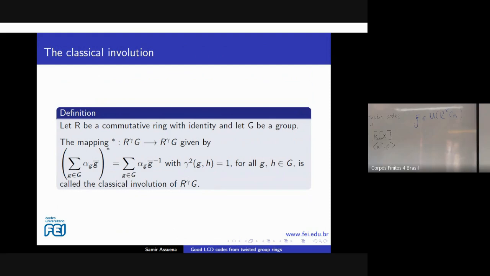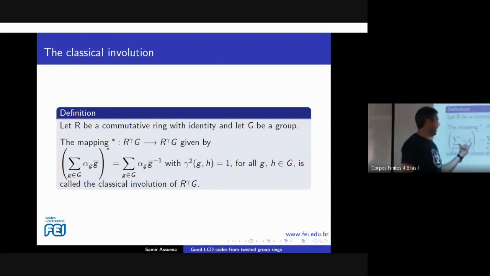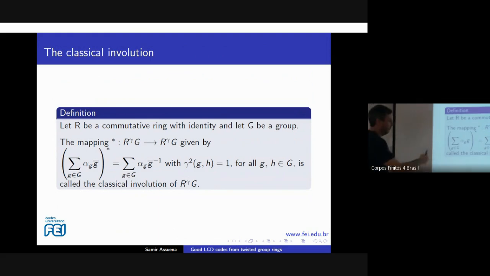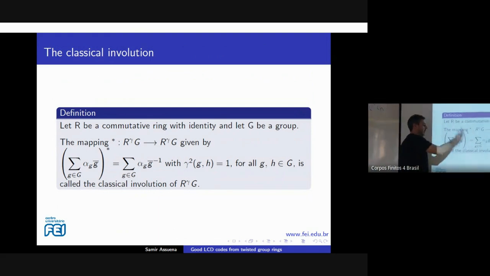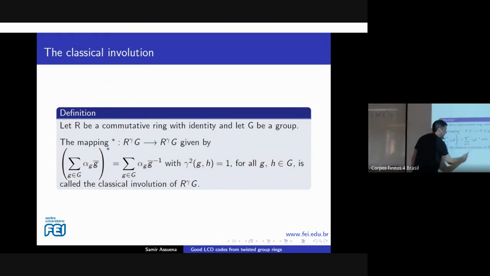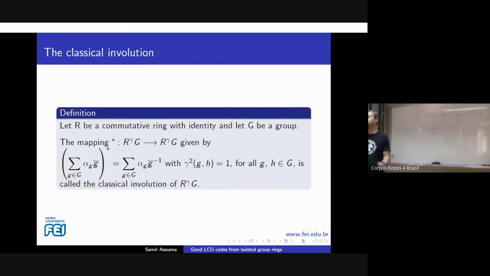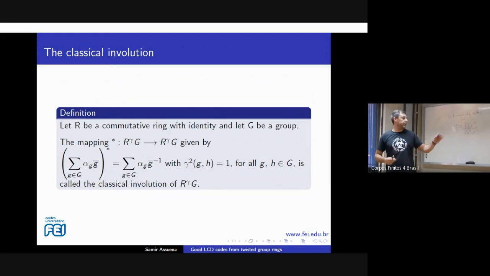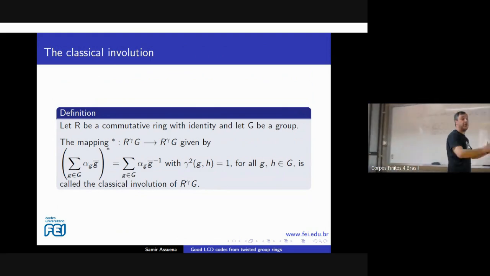So we can consider the mapping that sends any element to the one keeping the coefficient but taking the inverse of the group elements. In the case of group algebras, this mapping is always an involution.